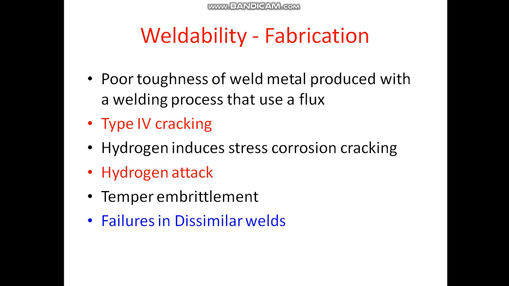There is poor toughness of weld metal produced with a welding process that uses a flux, so with flux based processes like SAW, weld metal toughness is a concern. Then there are type 4 cracking, hydrogen induced stress corrosion cracking, hydrogen attack, temper embrittlement, and failure in dissimilar welds. These are the various weldability issues with chrome steel.